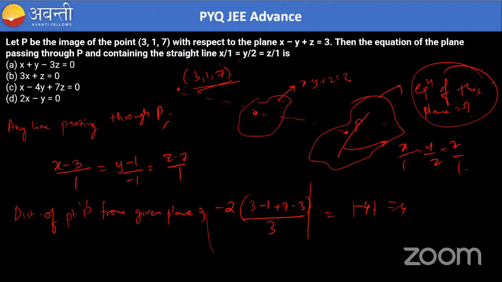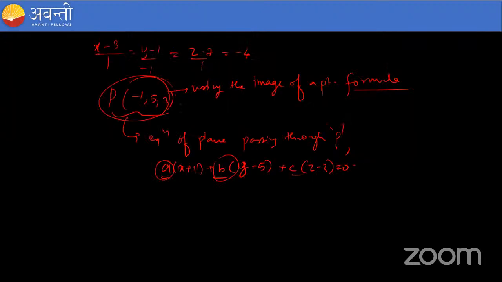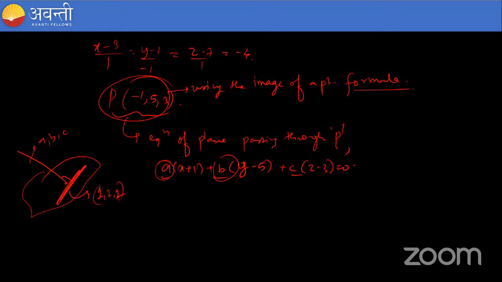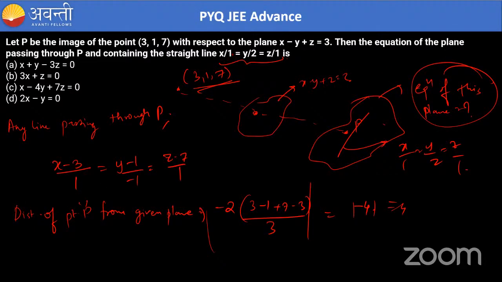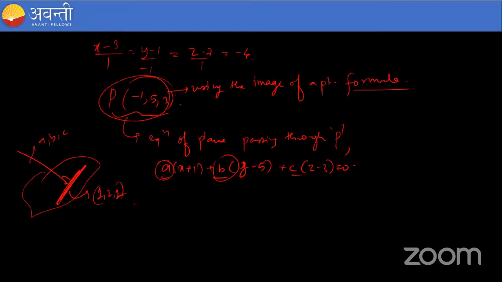So this plane passes through this line. The line that lies in this plane has direction ratios 1, 2, 1, from this equation. So a into 1 plus 2 into b plus c into 1 should equal 0, because these two are perpendicular, so the dot product will be 0.